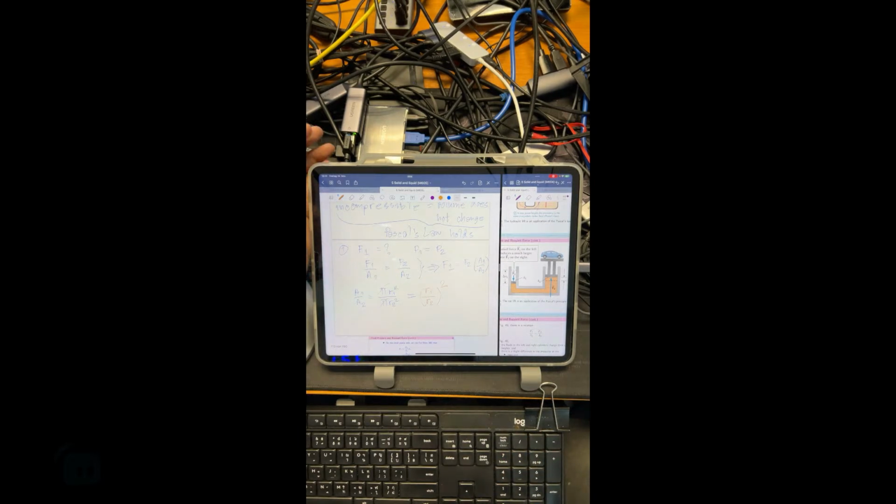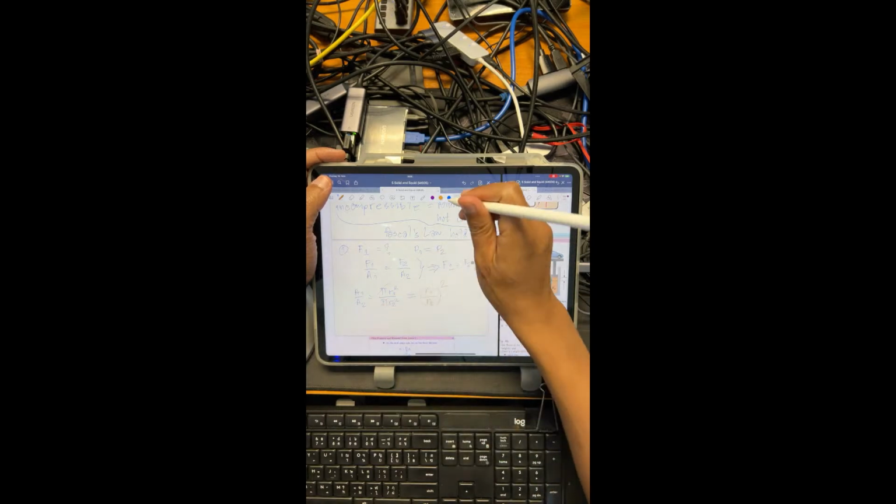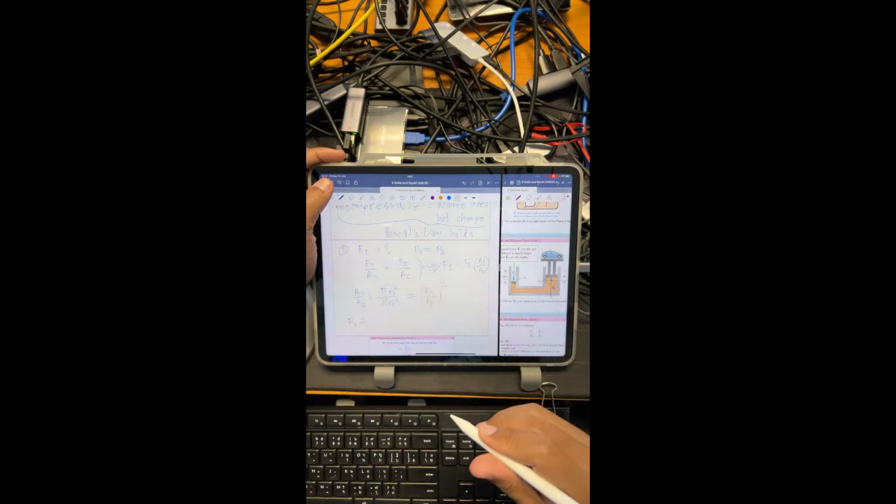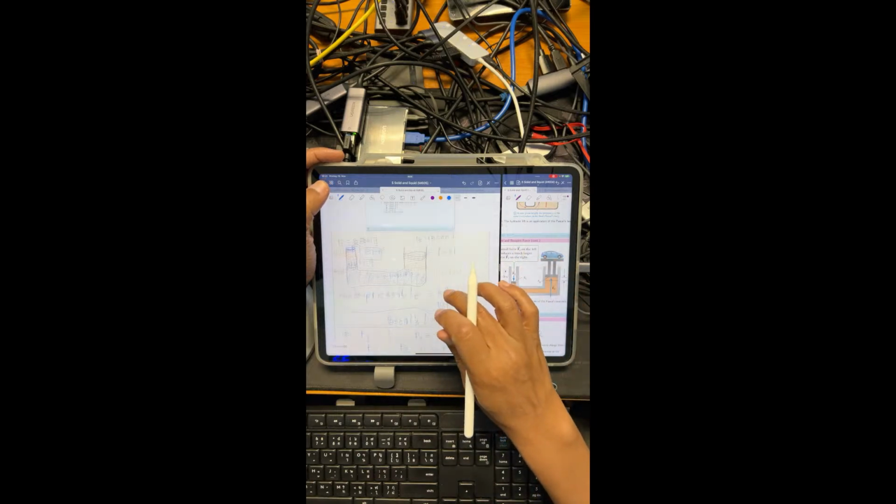Now let's substitute this ratio into the formula of F1. We have F1 equal F2. What is F2?